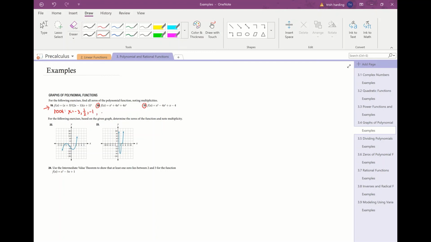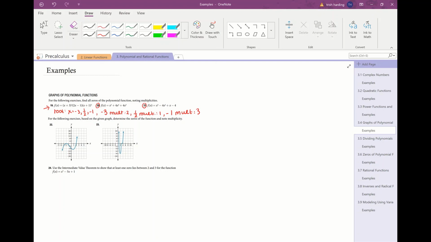So you could say -3 has multiplicity 2, half has multiplicity 1, and -1 has multiplicity 3. And that's what we could say.